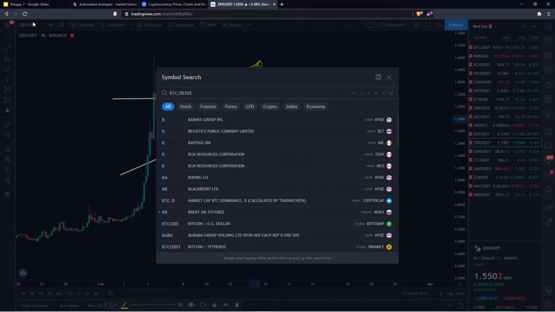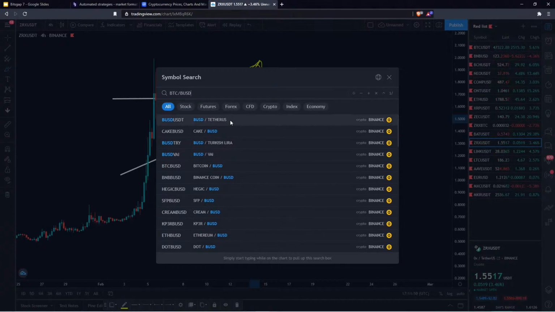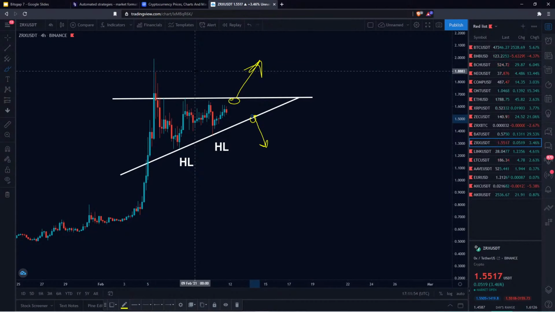And the same as trading to BUSD. So that's the trick that you can use to launch simultaneously different strategies on one cryptocurrency pair.